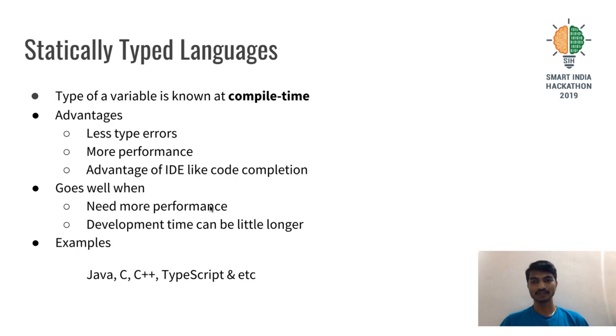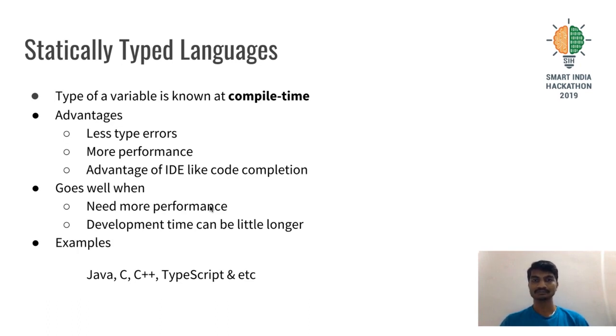It goes well when you need more performance in your system, but the development time can be a little longer, because in statically typed languages every variable should have its type during development itself. Whenever I define a custom data type and something changes in my requirement, it will take more time to update the change throughout my system.